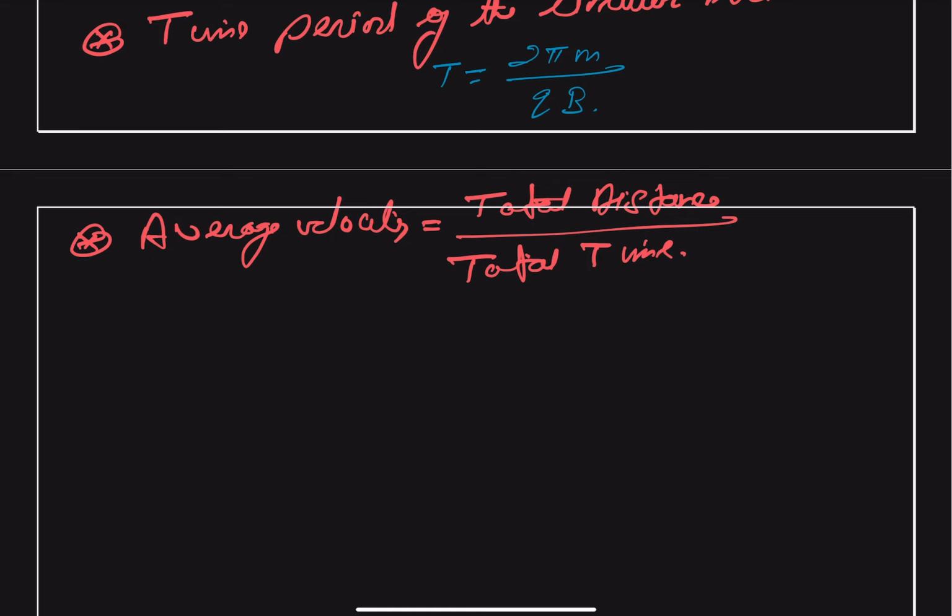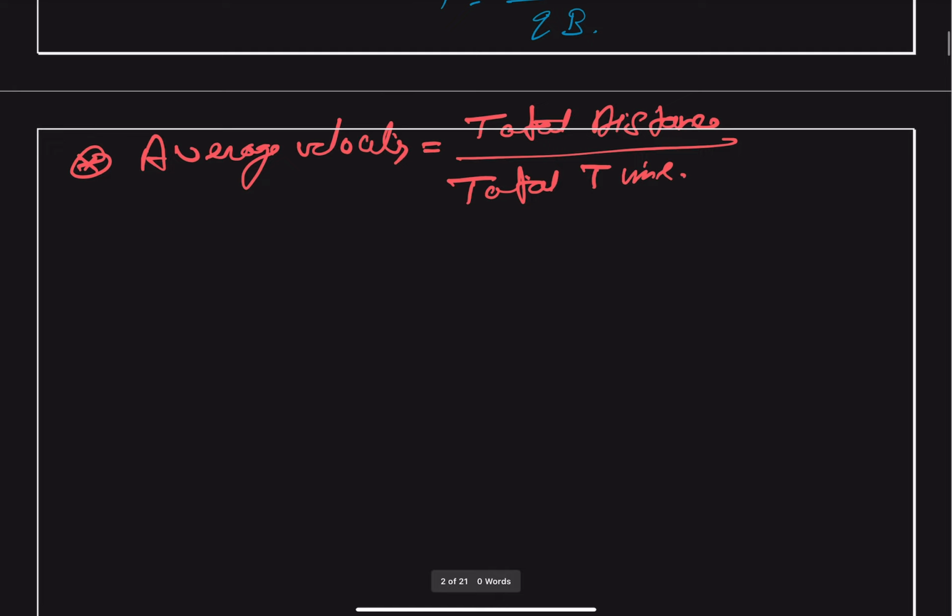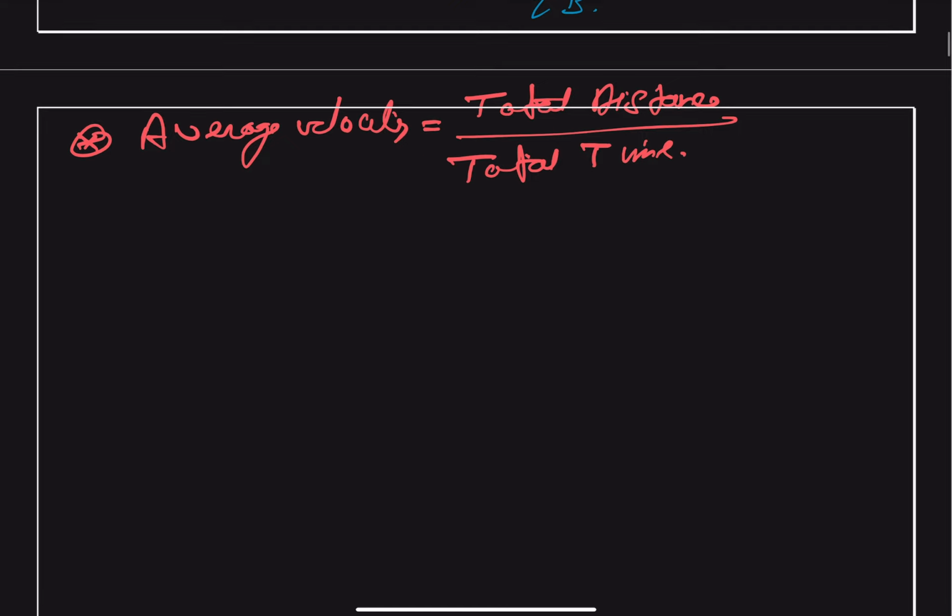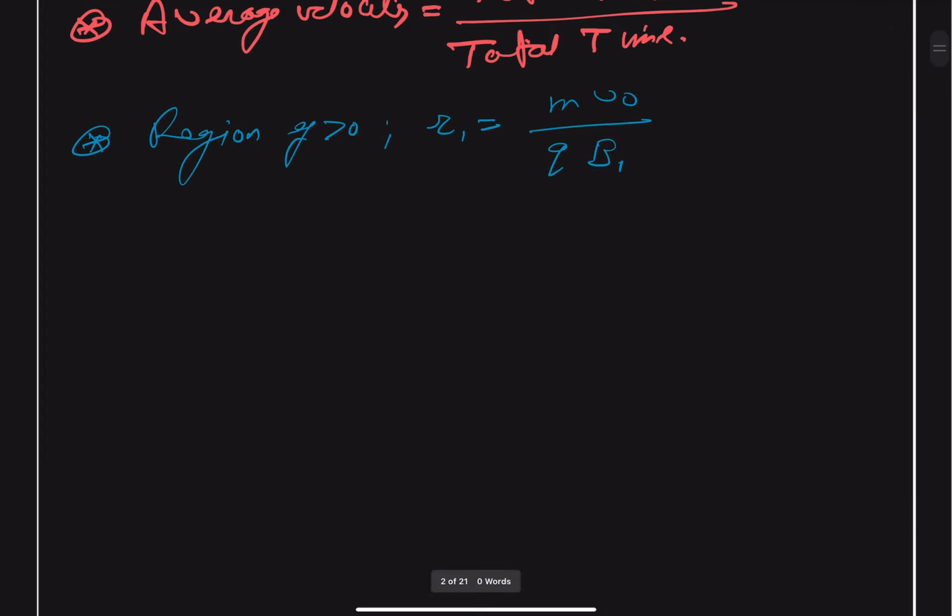So the total distance we are going to find out. Let us do it for one region. For region y greater than 0, the radius is given as r1, so r1 will be equal to m v0 divided by q B1.